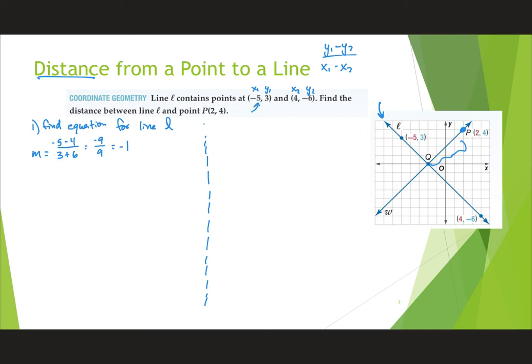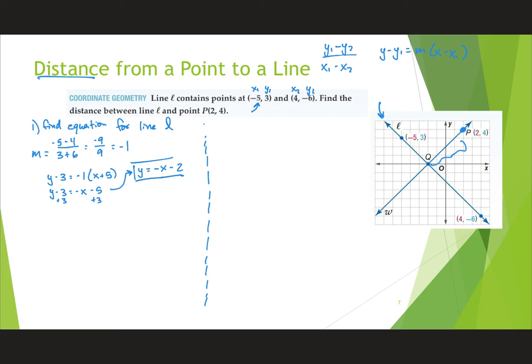So I'm going to pick my first point and plug it into point-slope form, which, as a reminder, is y minus y1 is equal to m times x minus x1. So here we go. And there's my equation. y is equal to -x minus 2. Okay, so that is the equation for line L.